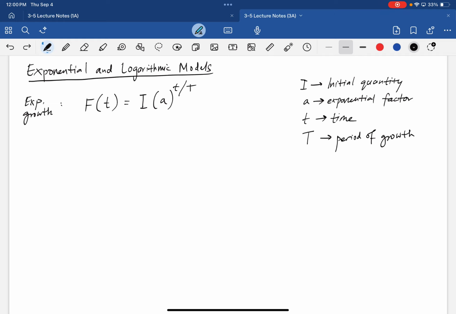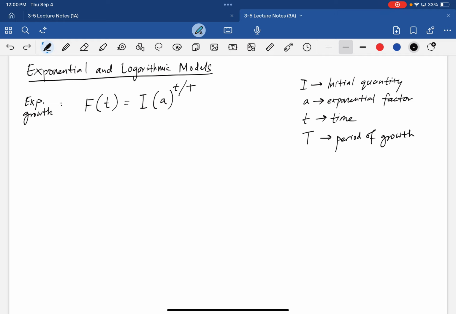That would give us our decay. It begins with something big and then exponentially decays to something really close to 0. And so we can really pretty much guess what our decay function would look like, right? Exponential decay. If we were to use the same variables, big F of t, we also have an initial quantity and also an exponential factor.